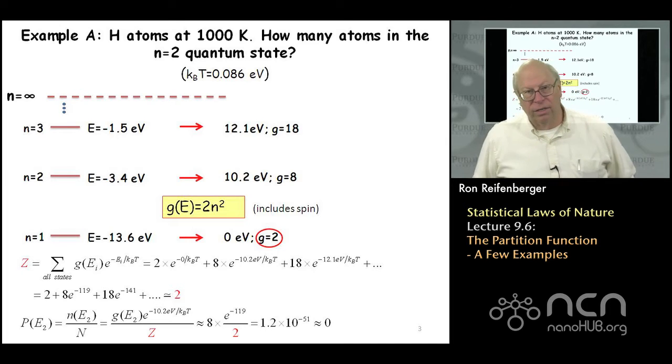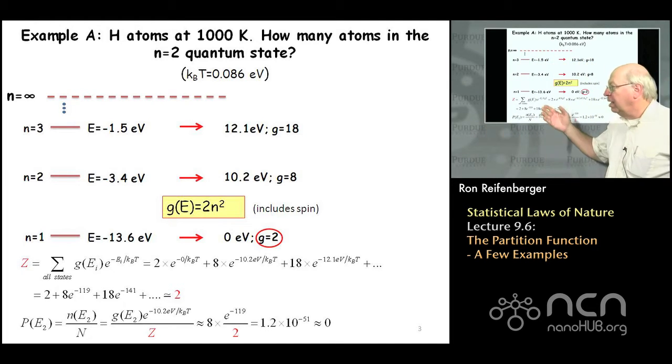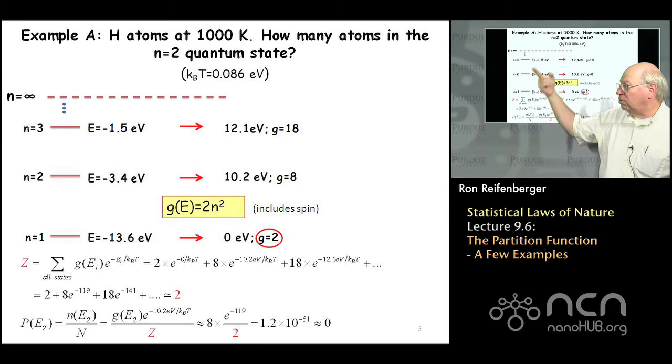To do that calculation, we have to know something about the quantum system, and I just write down what we already know. In this calculation, I'm just going to worry about the three lowest energy states: the n equals 1, the n equals 2, and the n equals 3 energy levels.